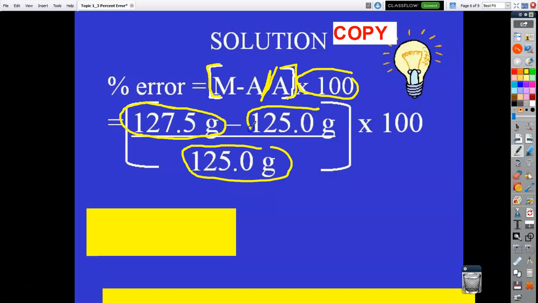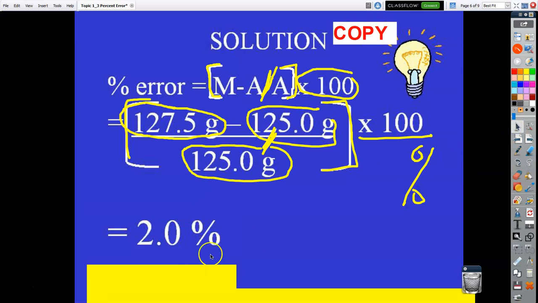So the 125 is always used twice, top and bottom. See, there's two A's, only one M. Again, I put brackets there so I know I do everything inside first. And the last thing I do is multiply by 100 to get it into percent form. So I'm looking for my percent, which ends up being 2%.